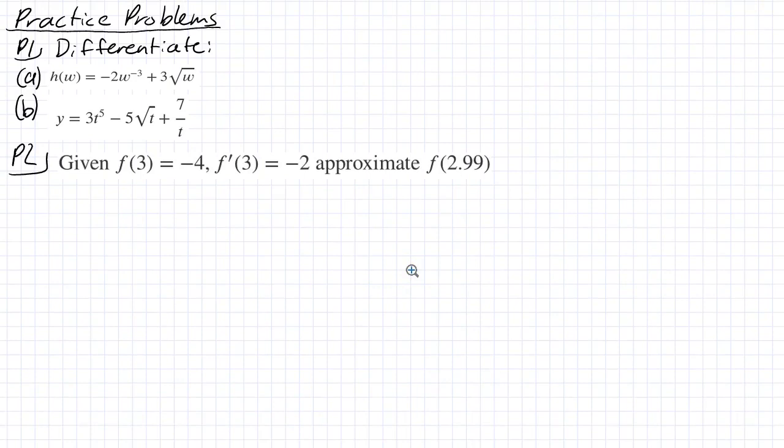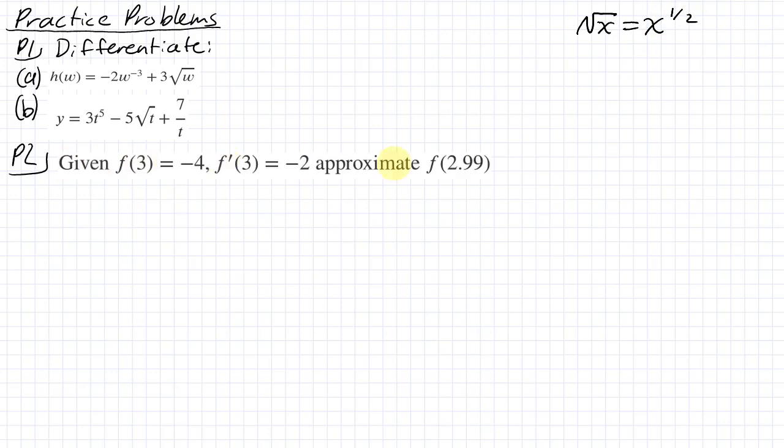Okay, here's a couple of practice problems to try, or maybe 3 depending on how you count it. These first ones, or one here, is just doing the derivatives of these functions. You might need to remember the fact that the square root of x is the same thing as x to the 1/2 power for those.